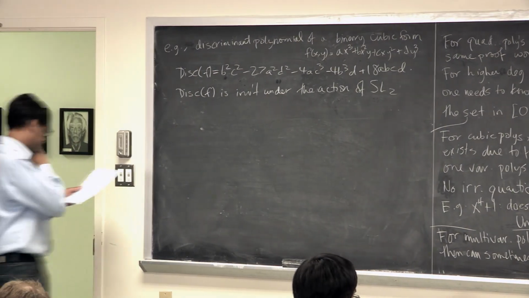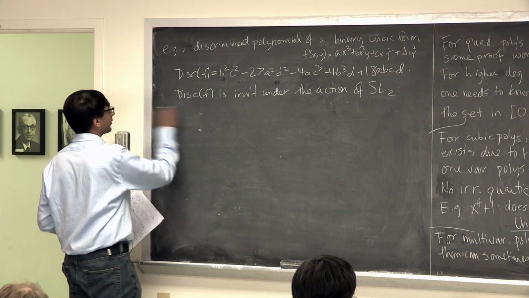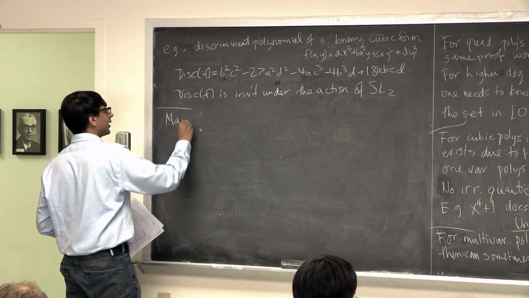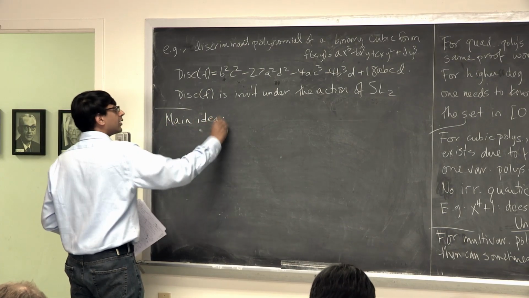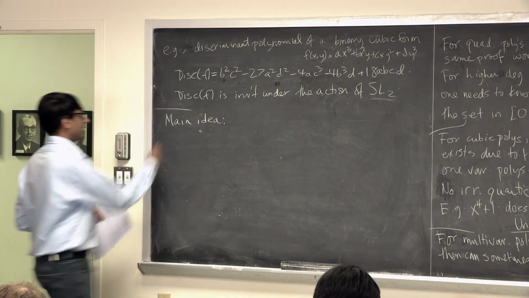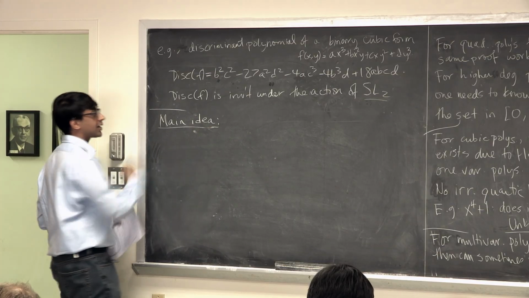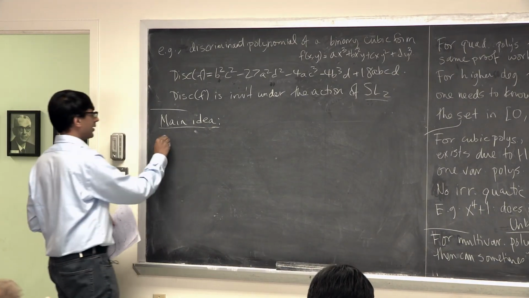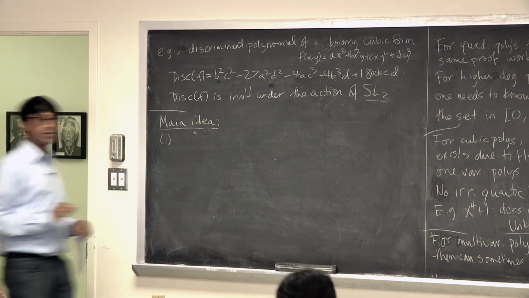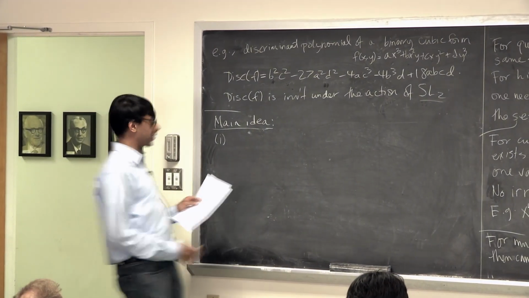OK, so how do you do that? The main idea is to somehow use this action of SL2. But the first main idea is actually independent of any group action. This way of thinking actually turns out to be useful for many of these kinds of square-free problems.